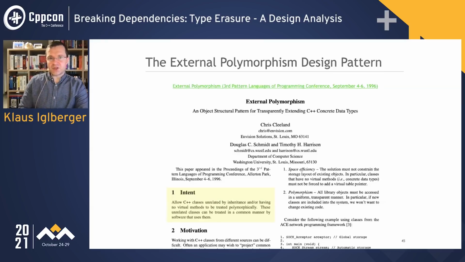The intent of external polymorphism is stated right in the beginning of the paper: allow C++ classes unrelated by inheritance and/or having no virtual methods to be treated polymorphically. These unrelated classes can be treated in a common manner by software that uses them.